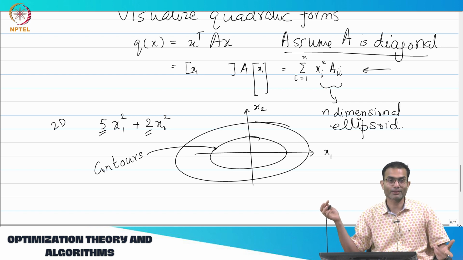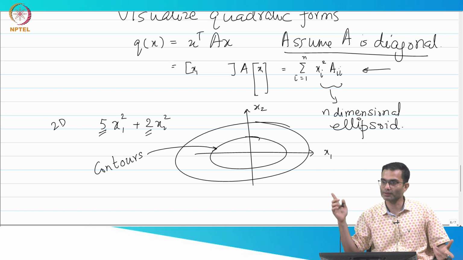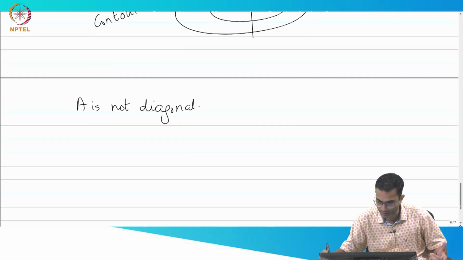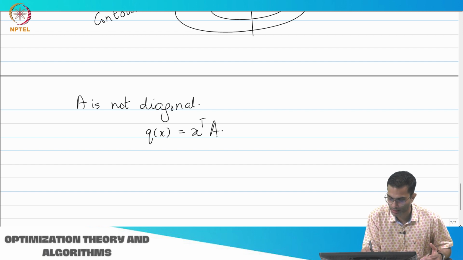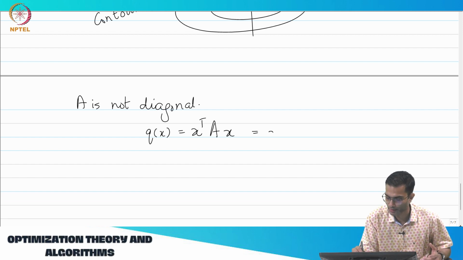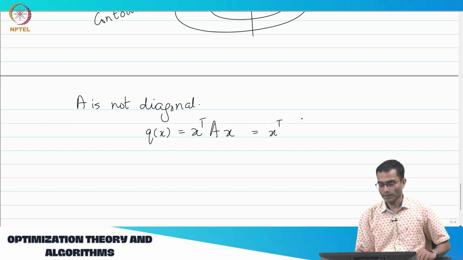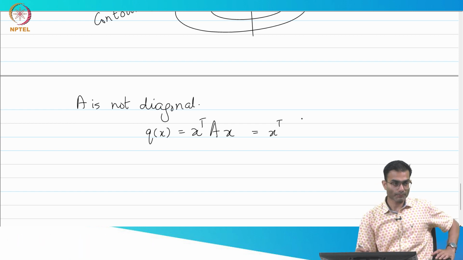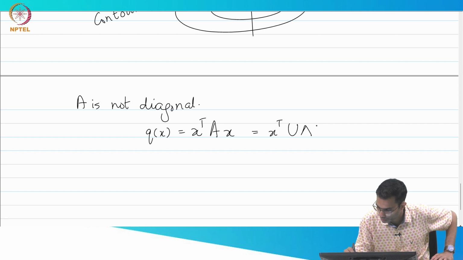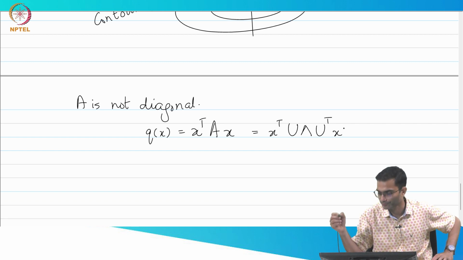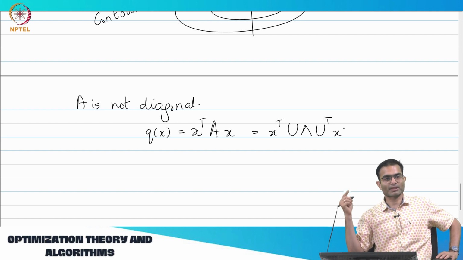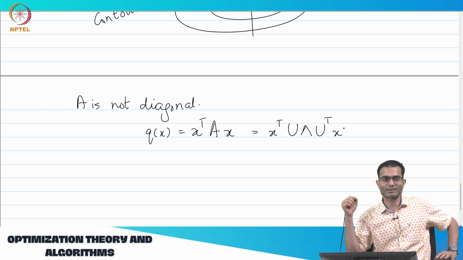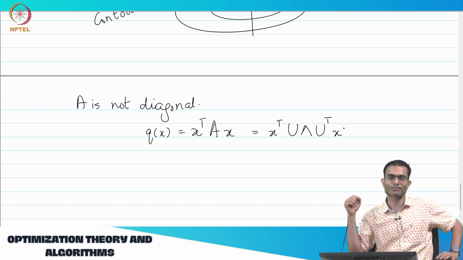I can use the eigen decomposition. I have not used that so far. So if I try that out, Q(x), which was x transpose Ax, with A equal to U lambda U transpose, gives x transpose U lambda U transpose x. Does this look like the previous case in some way, if we bunch terms together?